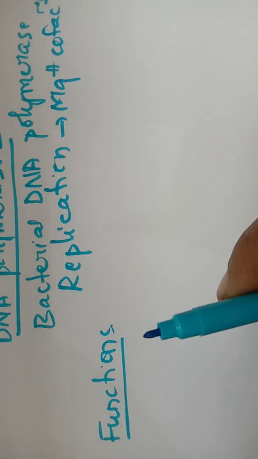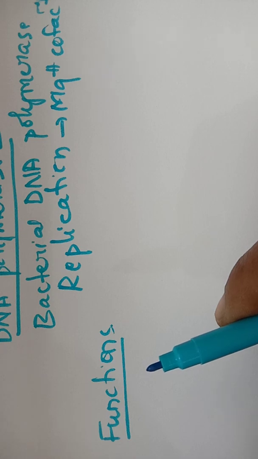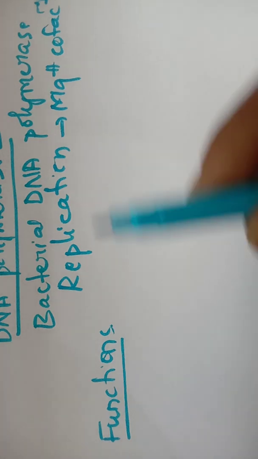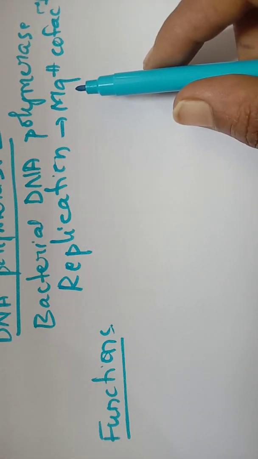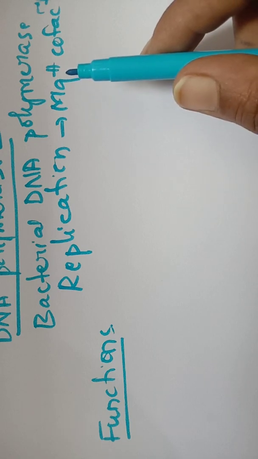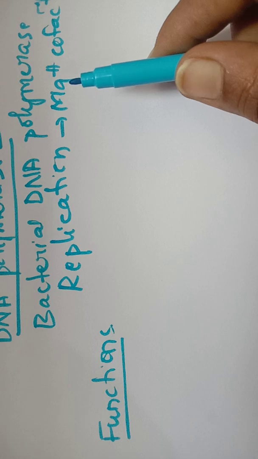You need to observe one more thing when we are studying the enzymes used in genetic engineering. You should also remember what cofactor is used by that particular enzyme. Some enzymes don't use a cofactor, so there is no need to worry, but wherever a cofactor is mentioned, you should remember properly which cofactor is for which enzyme.